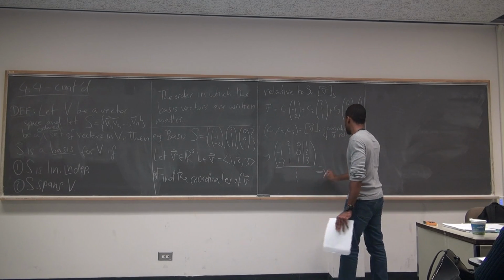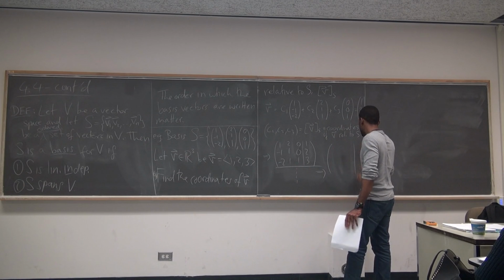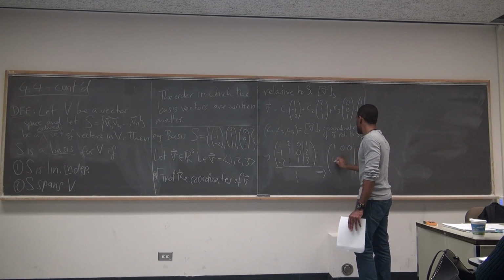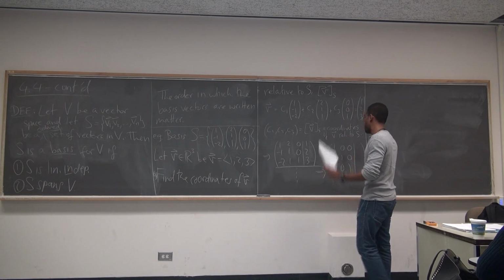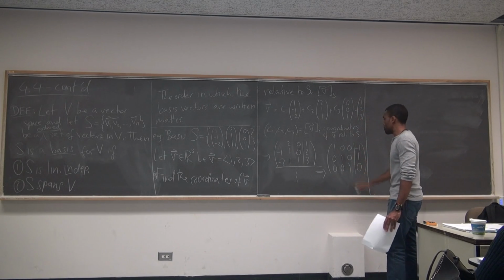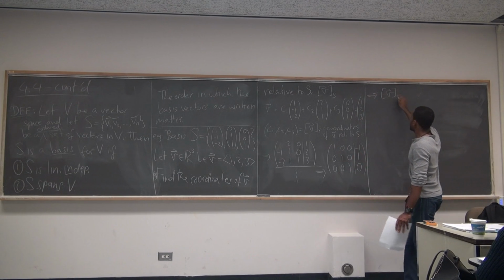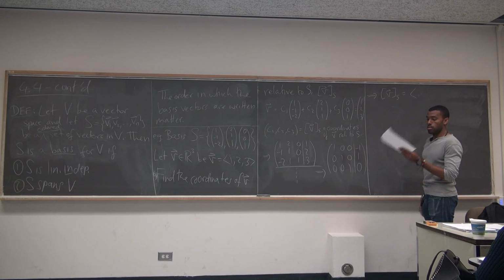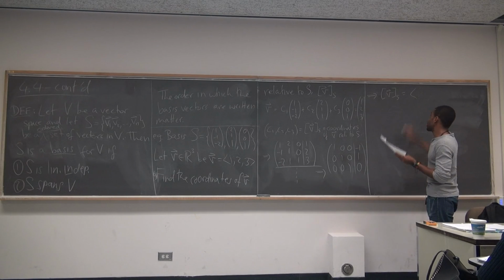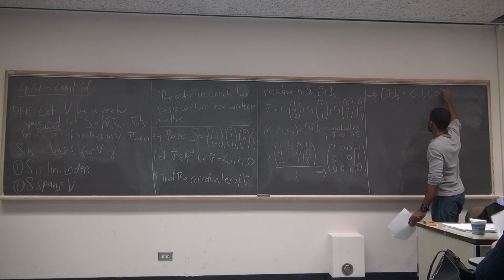And it turns out, we've already done it, the solution ends up being (-1, 1, 0). This means v with respect to S, we can think of it as the vector (-1, 1, 0).